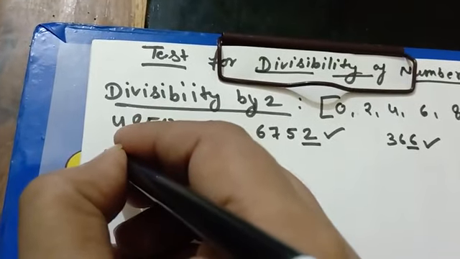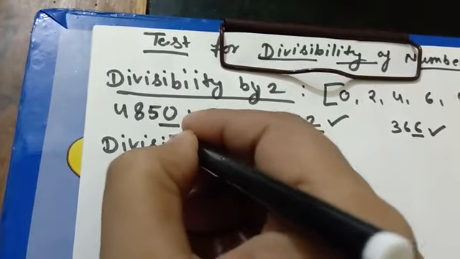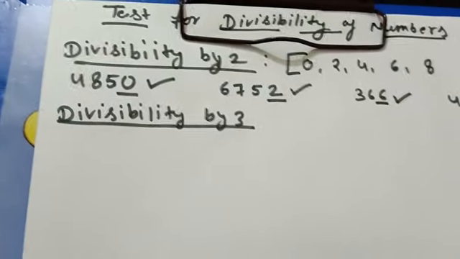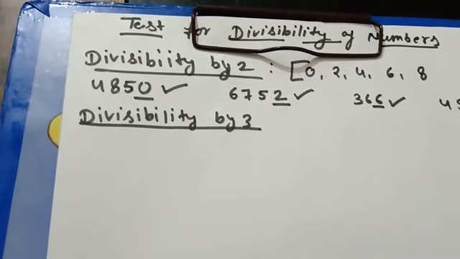Now, divisibility test by 3. What is the rule for the divisibility test by 3?